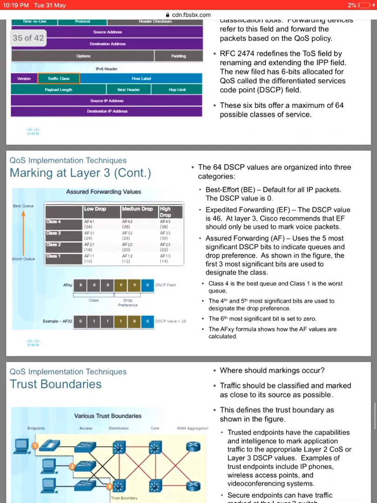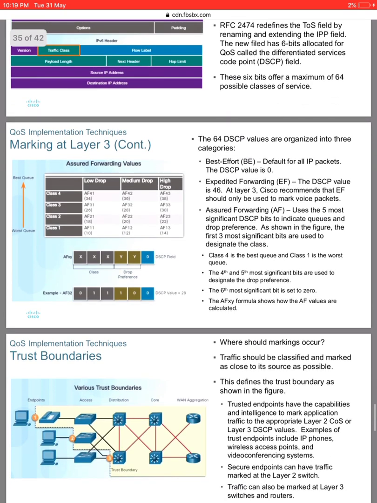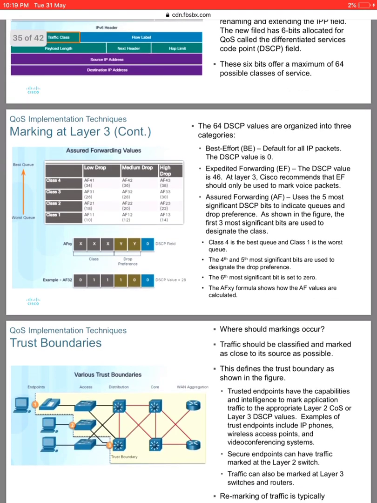So for the marking at layer 3, the 64 DSCP values are organized into 3 categories. Best effort or BE is the default for all IP packets, and the DSCP value is 0.